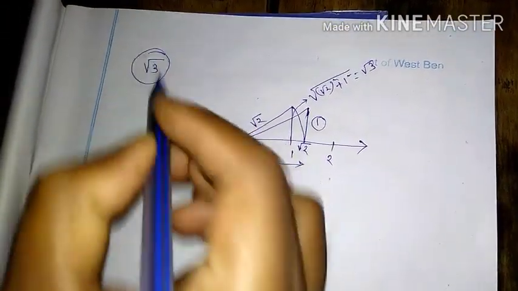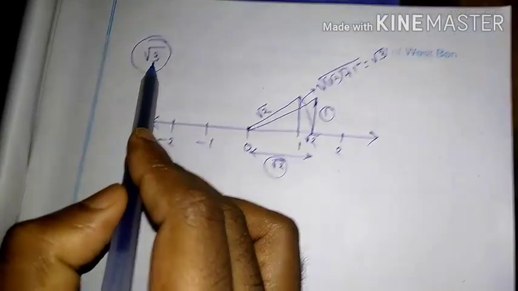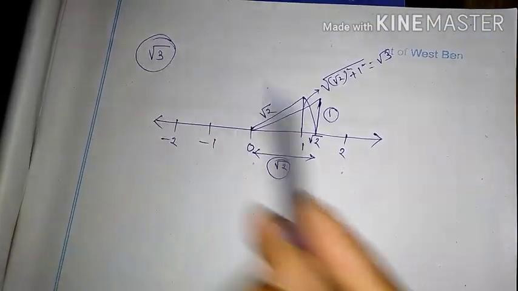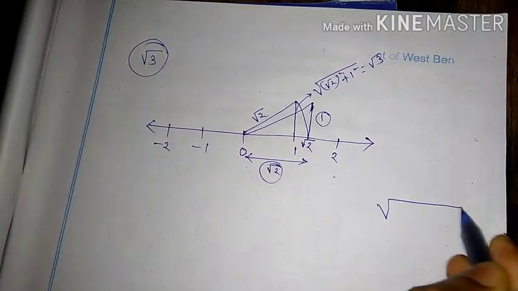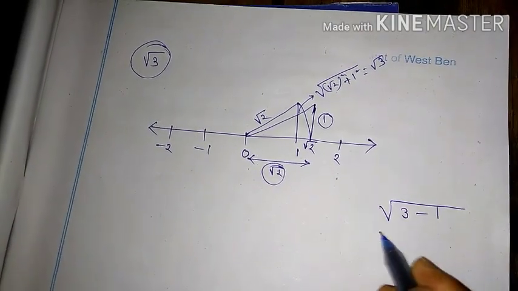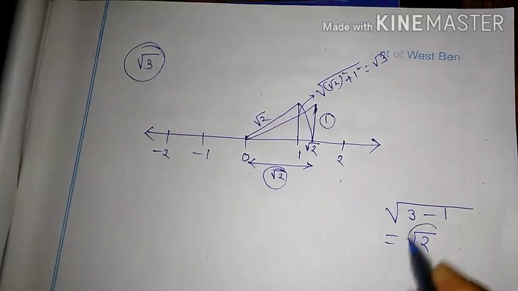To locate root 3 on the number line, according to that note, first we have to locate root of 3 minus 1, which is equal to root 2.